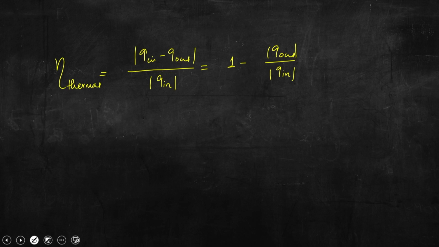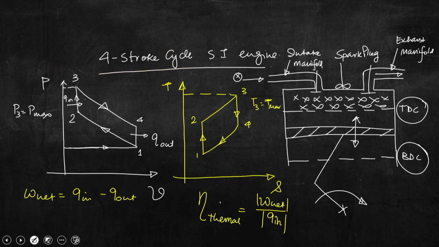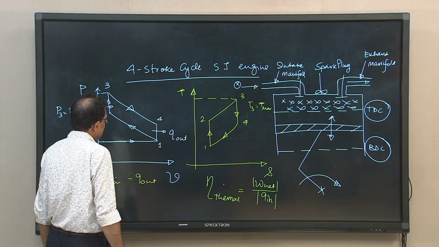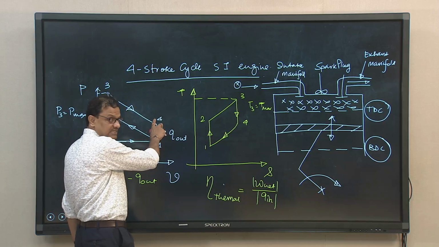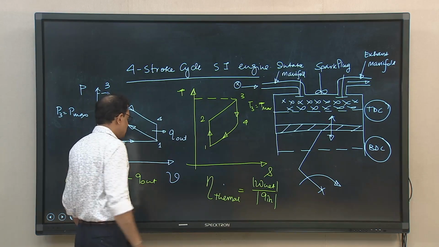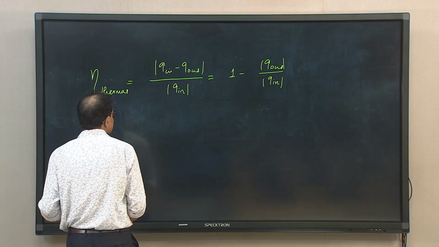So, what is Q out? You can see Q out is this. I am not going to discuss in detail because you have already studied this, but just to have the mathematical expression of thermal efficiency, we are discussing these processes. So, Q out is constant volume heat rejection, right. So, Q out is Cv into T4 minus T1.